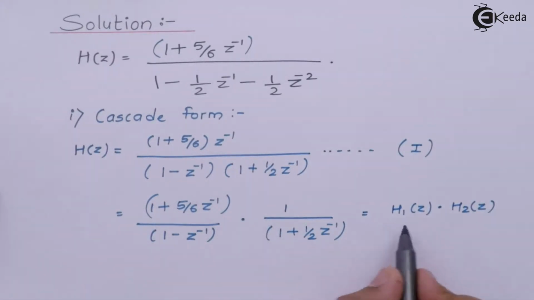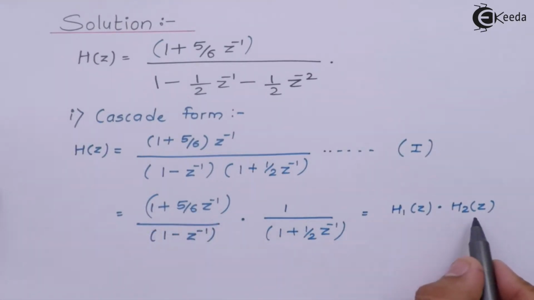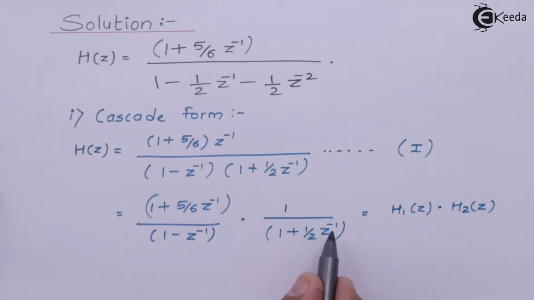The first, H1(z), is (1 + 5/6 z^-1) upon (1 - z^-1), and the second, H2(z), is 1 upon (1 + 1/2 z^-1).